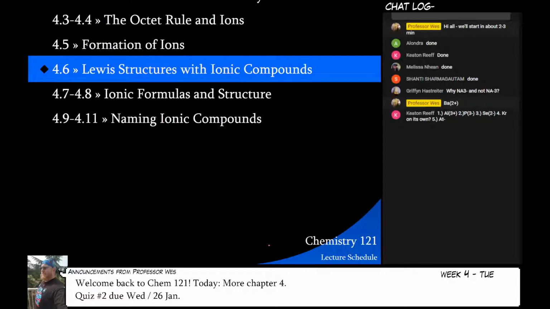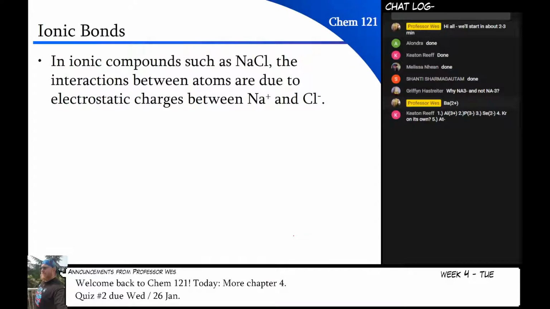All right, let's continue. So now we're going to talk about how we make compounds using the octet rule.